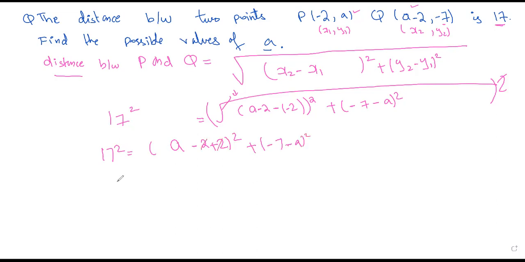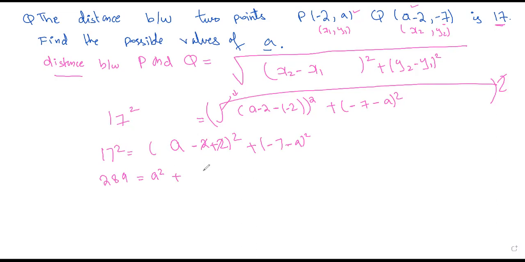Minus A plus A would be cancelled. And finally, I have 17 square, that is 289 equals A square plus, okay, how do we expand the square of (-7 minus A)?